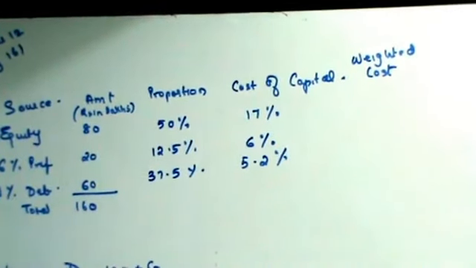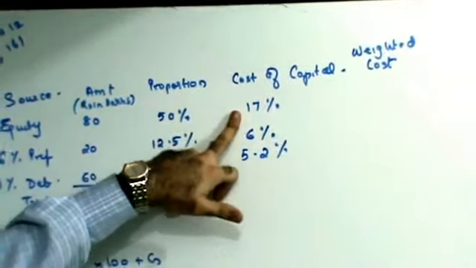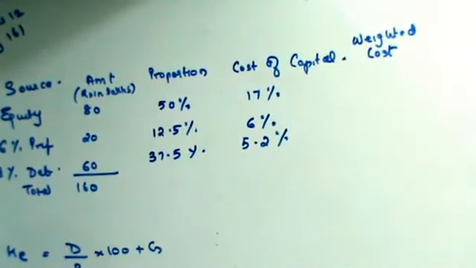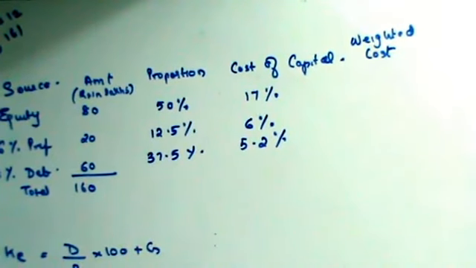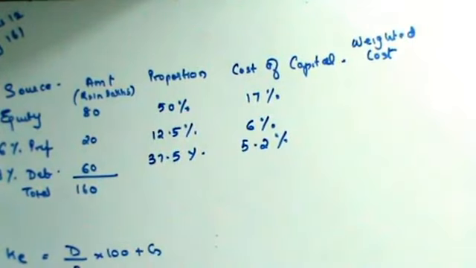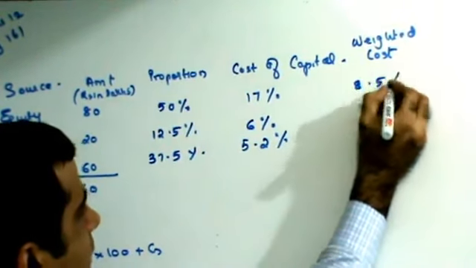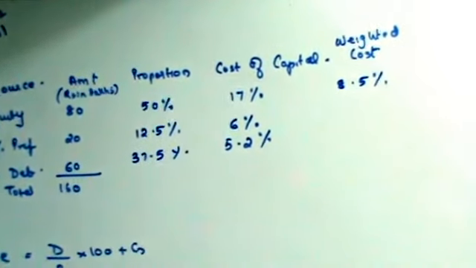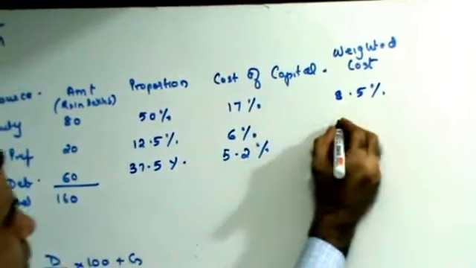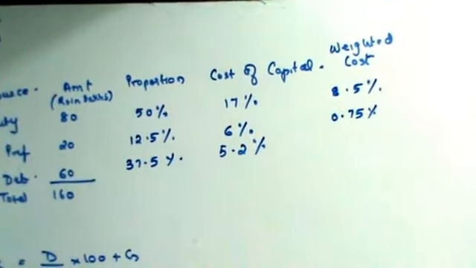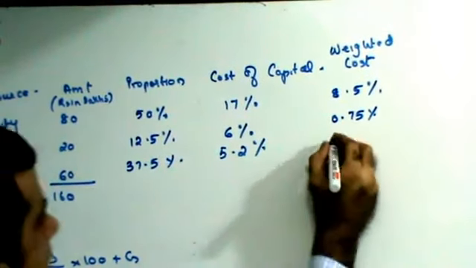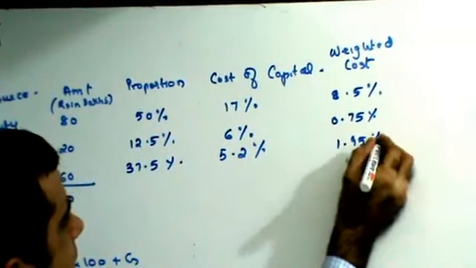Now, next you find out the weighted cost. Guys, how do we do the weighted cost? Proportion into cost of capital will give you the weighted cost. So 50 into 17%, you have to consider 50 as the number and cost of capital as the percentage. So 50 into 17% is 8.5%. 12.5 into 6% is nothing but 0.75%, right? 37.5 into 5.2 is 1.95%.